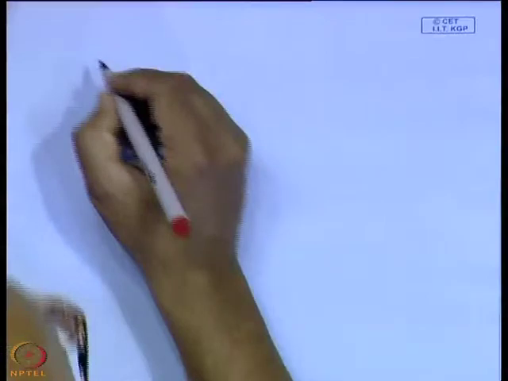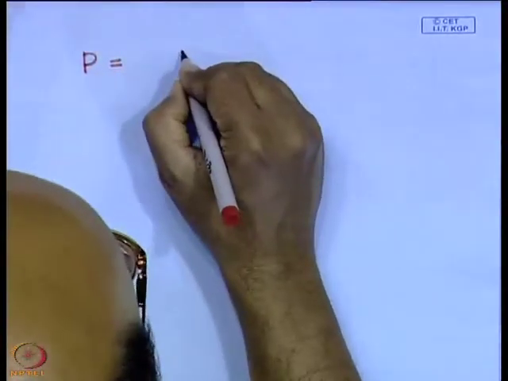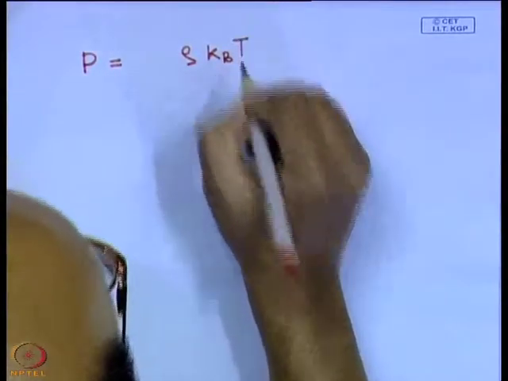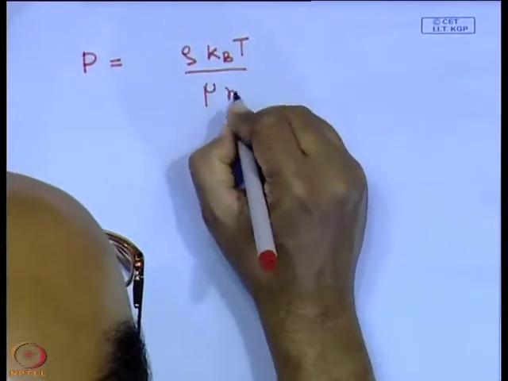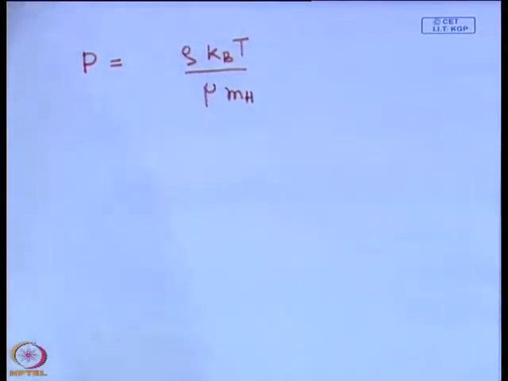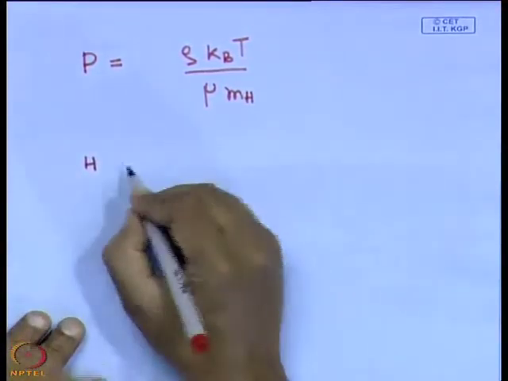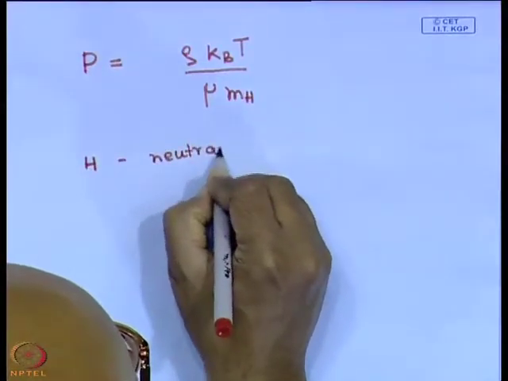So, the pressure at any point is rho kBT divided by mu into the mass of a hydrogen atom, and mu is the mean atomic weight. So, for hydrogen we have already discussed this. For hydrogen, if it is neutral, mu is 1.